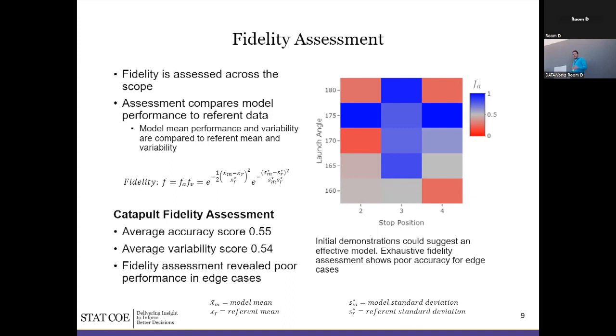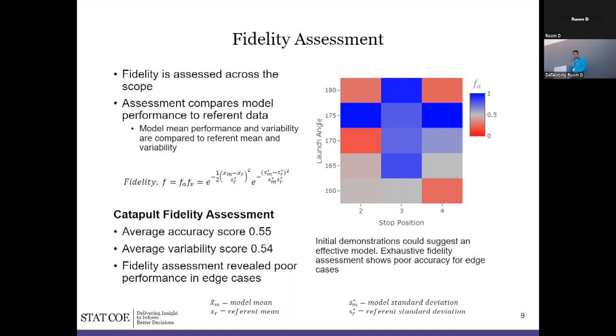There's a similar issue with variability. Now, that is, again, something that we expected to see here. Our model had an assumption of constant variance. That is a very, very poor assumption for our catapult, because when it's a short toss, there's not much variance. When you're going for maximum distance, there's a very, very wide range of potential distances.